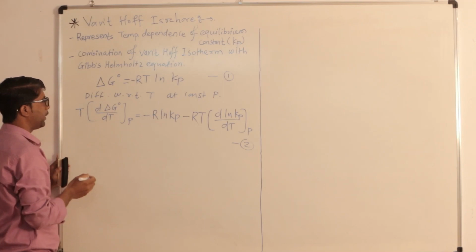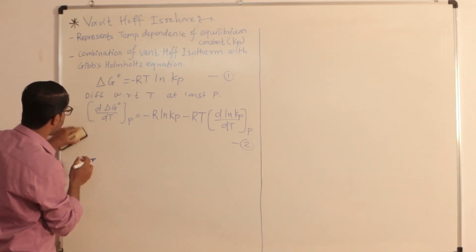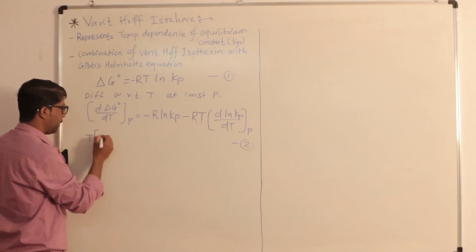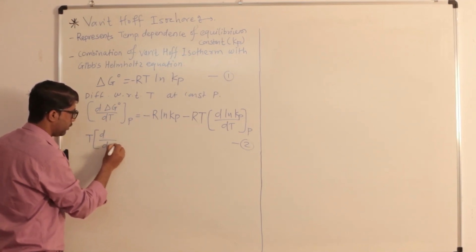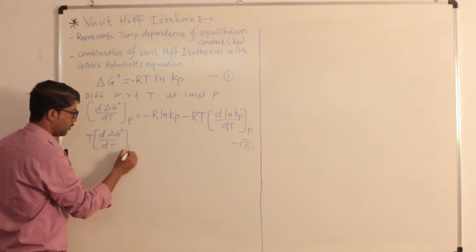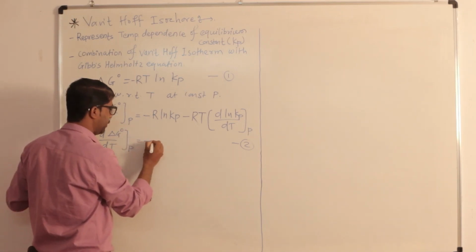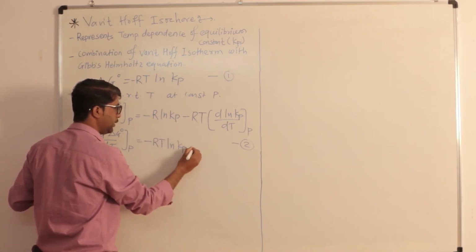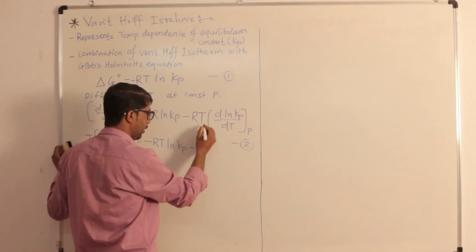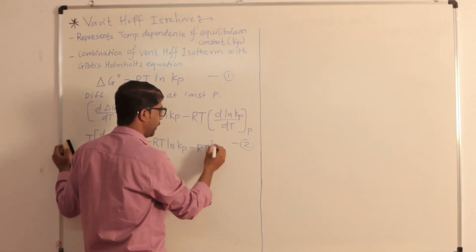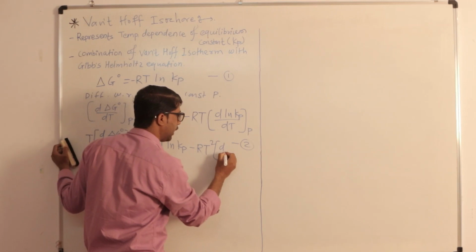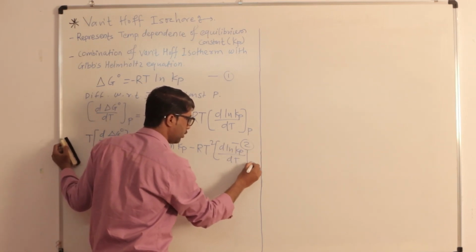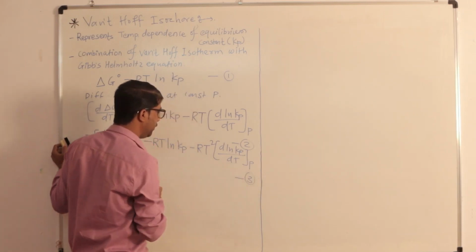The term on the left side is multiplied by T. On the right side, in the first term, R multiplied by T ln Kp stays as it is, minus R multiplied by T becomes T square, and this term is written as it is. Let's say it is equation number 3.